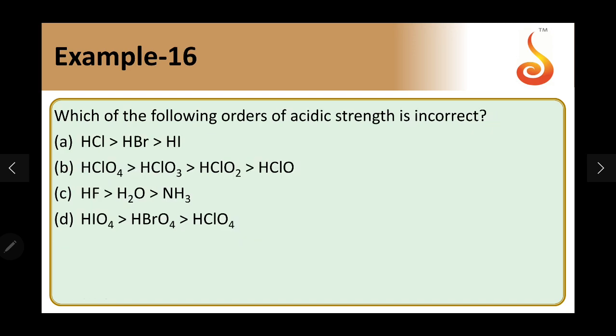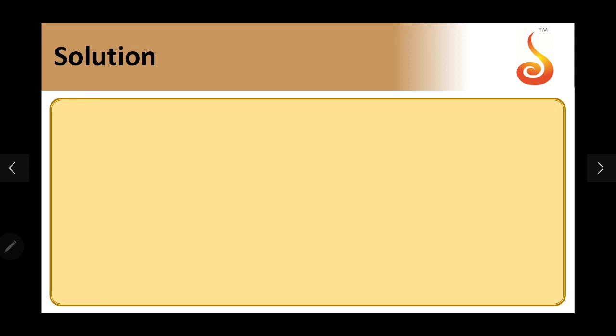Example 16. Which of the following order of acidic strength is not correct? Incorrect. So if I take the acidic strength order of these, HCl, HBr, HI. So we'll take it in the next slide itself. HCl, HBr, HI.